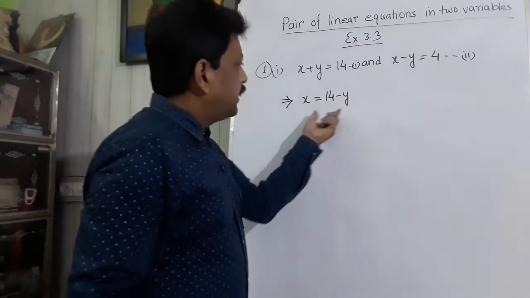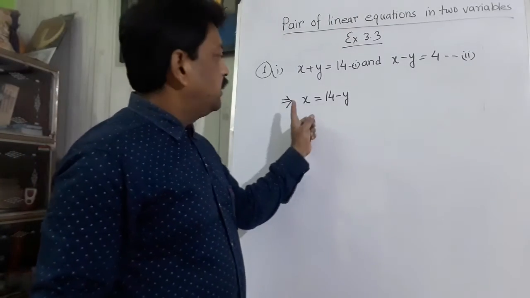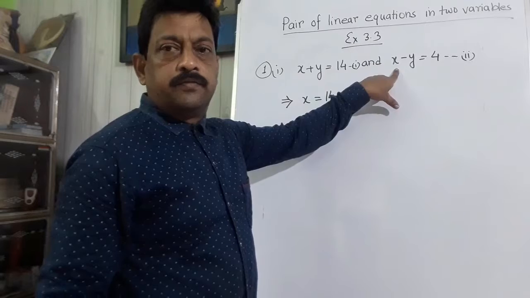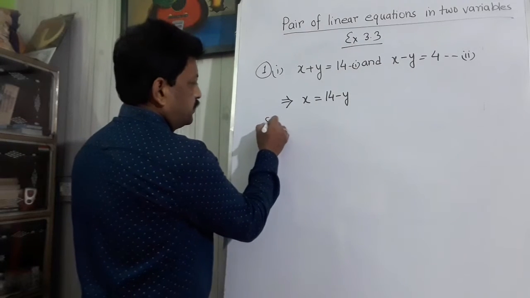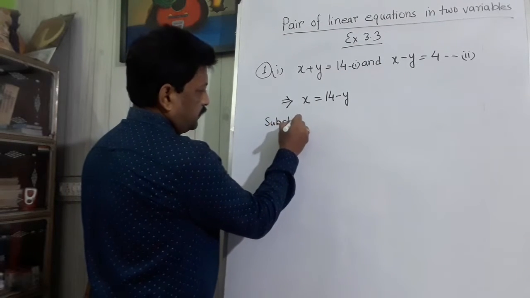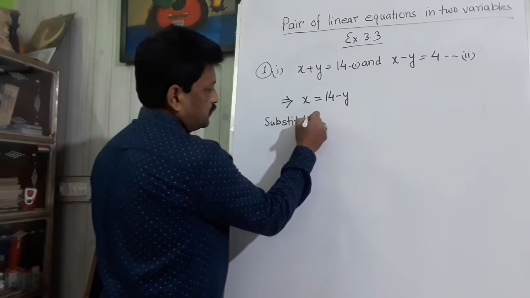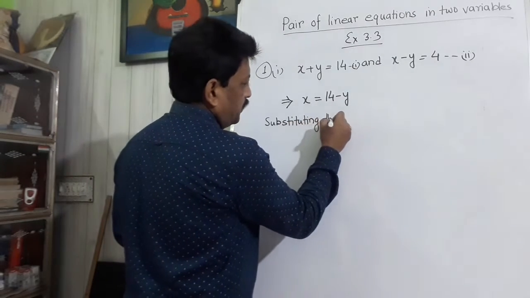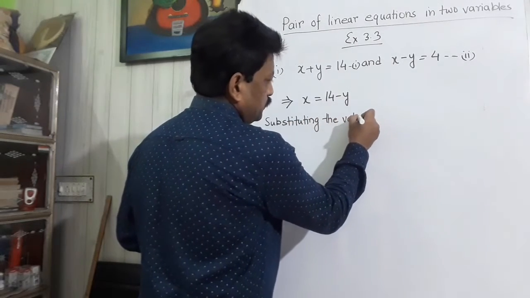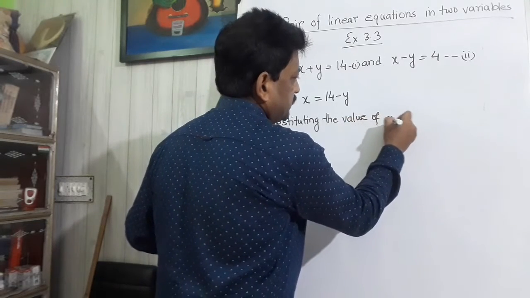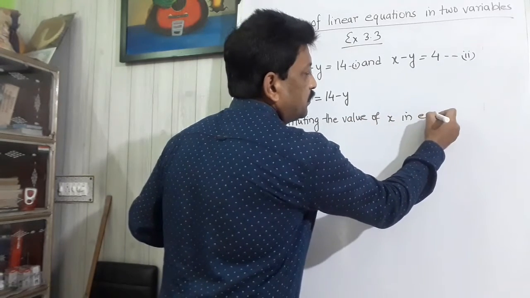This value of x, that is 14 minus y, we have to replace here. So write down substituting the value of x in equation 2.